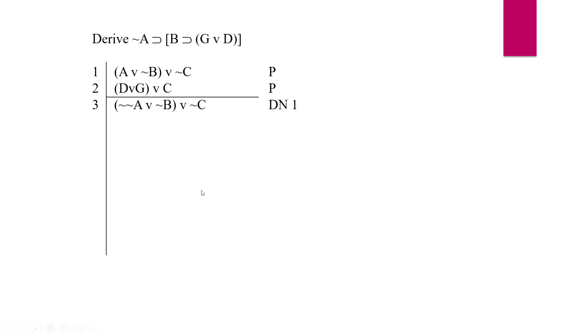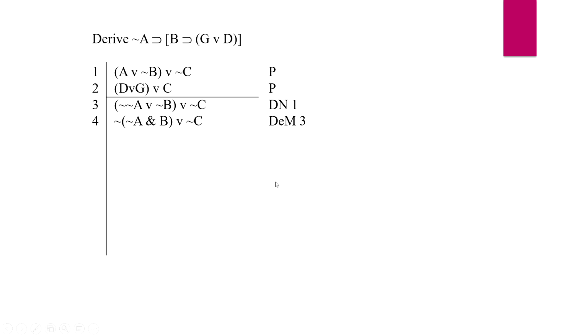So on line 4, I'm going to use De Morgan's on that side of the main disjunction to get it's not the case that not A and B. And now I have a negation on the first part of a disjunction.